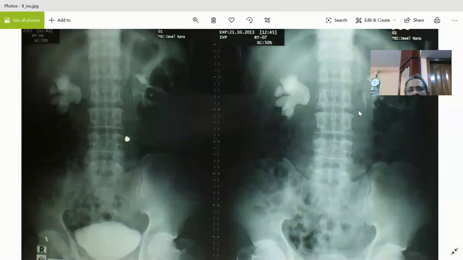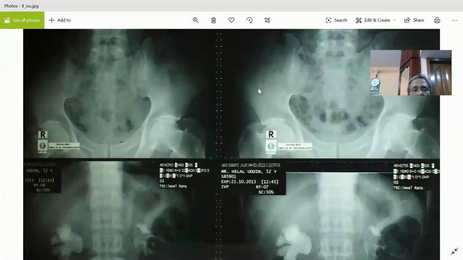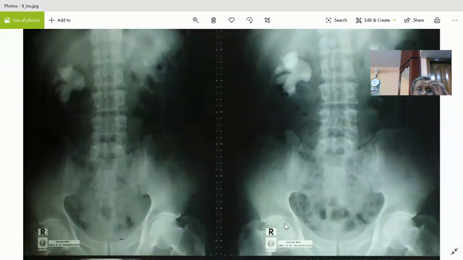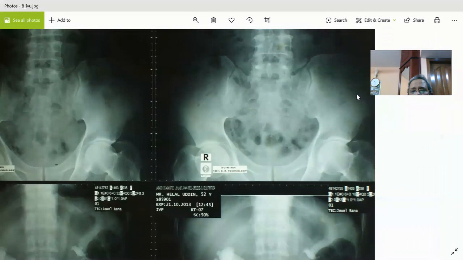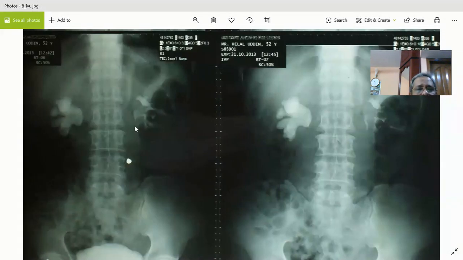So that is about the ureter. But in IVU, you look, one thing is, if you compare that side, on that side the pelvis is smaller in size, but the calyx is larger in size.